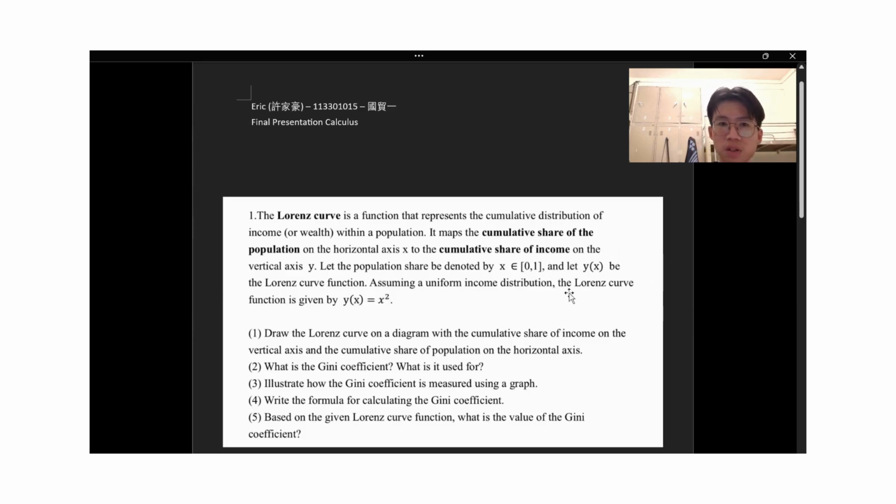The Lorentz curve function is given by y equals x squared. So the first question is, draw the Lorentz curve on the diagram with the cumulative share of income on the vertical axis and the population on the horizontal axis.